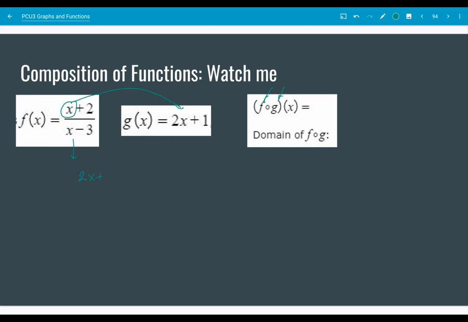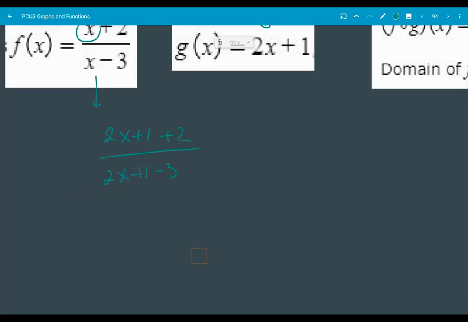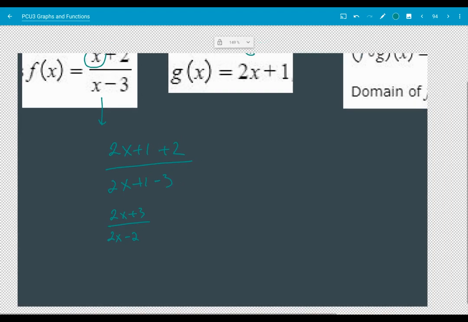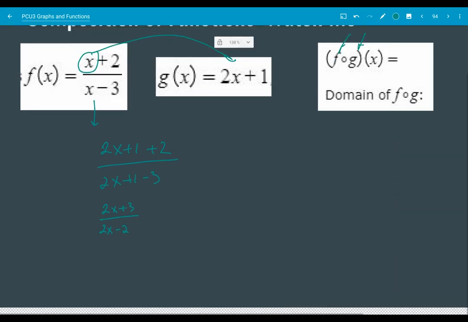It's going to be 2x plus 1 plus 2 over 2x plus 1 minus 3. So 2x plus 3 over 2x minus 2.